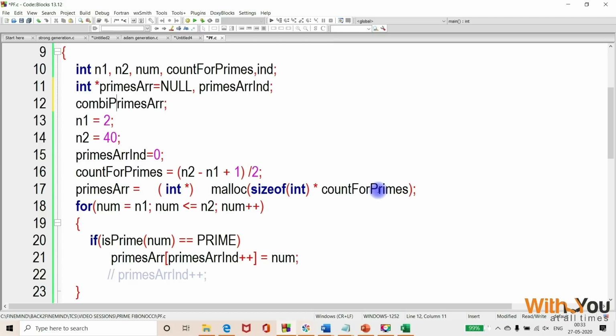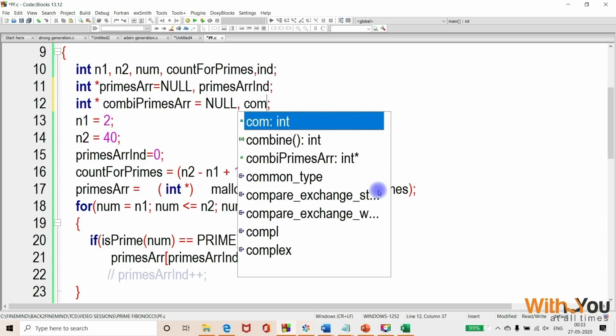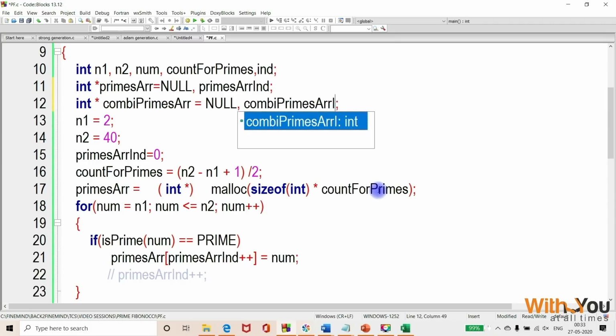I'm sorry, I don't know. Okay, fine. Who's going to be in that? Integer, fine. And where do you start him? As usual, start him with null. Okay, who would be helping in working with him? Combi primes ARR IND. Where would he start? He would start with 0.